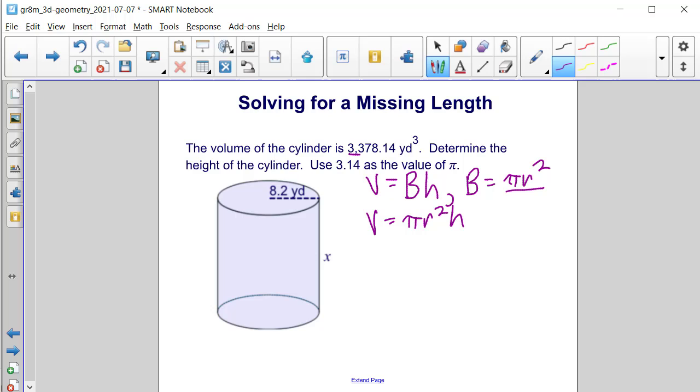Now we're told that the volume is 3,378 14/100. So let's substitute that in for V, and that's equal to, we're using 3 14/100 as the value of pi.